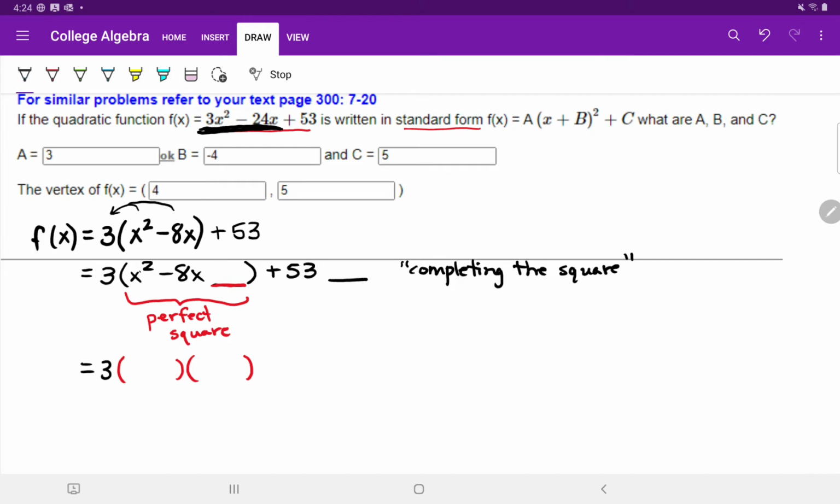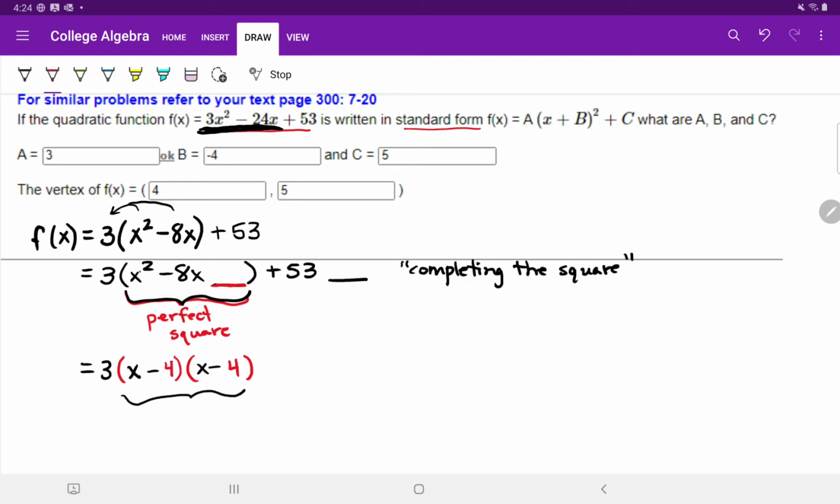So that would look like, x minus something and x minus something, where these two blanks are filled with the exact same number. Now, if we were to multiply these two things back out or FOIL them, they have to equal this thing we started with. So the number I need to use here in both of these blanks is 4. And let me explain why.